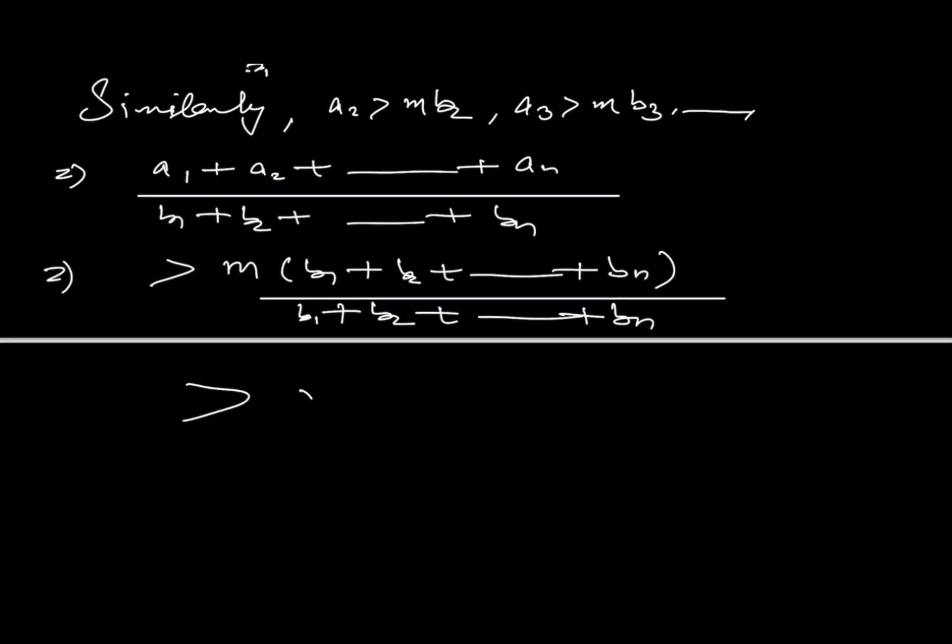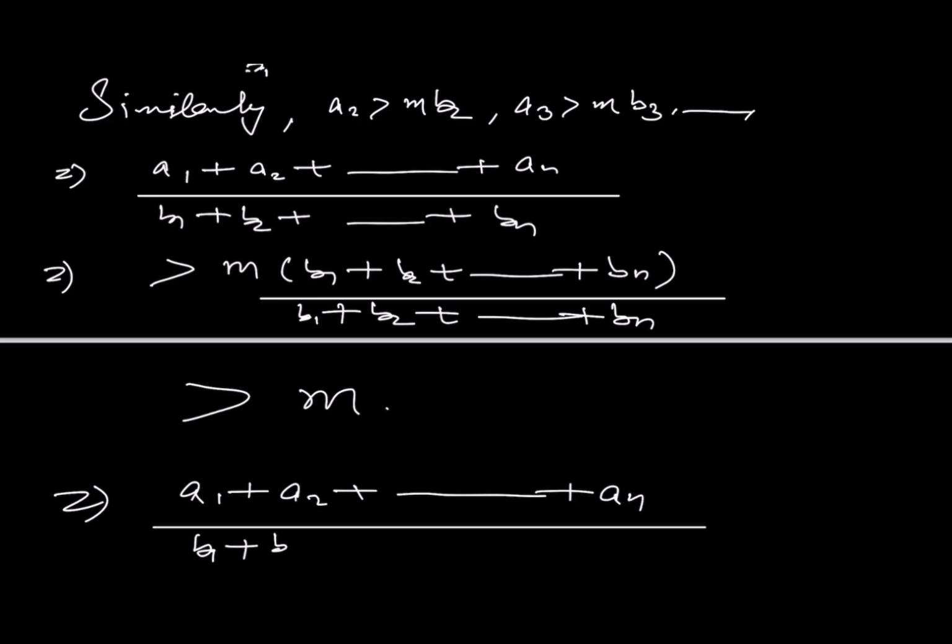So it is greater than m, right? So we can say (a1 + a2 + and so on up to an)/(b1 + b2 + and so on up to bn) is greater than m, which is al/bl.